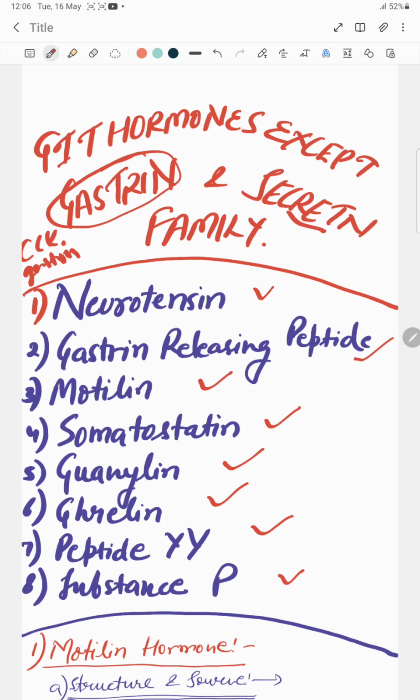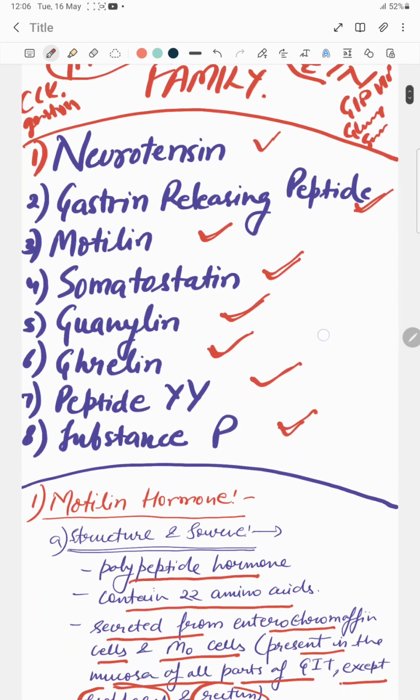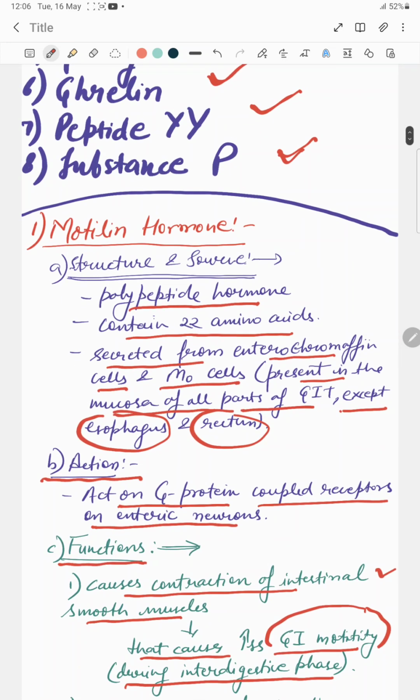The secretin family includes gastric inhibitory peptide, glucagon, secretin and vasoactive intestinal peptide. Other polypeptides are neurotensin, gastrin releasing peptide, motilin, somatostatin, guanylin, ghrelin, peptide YY and substance P. Now come to the first, that is motilin.